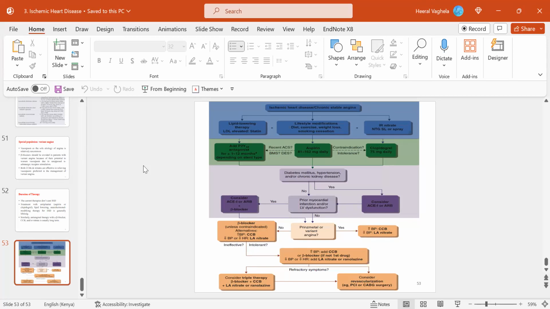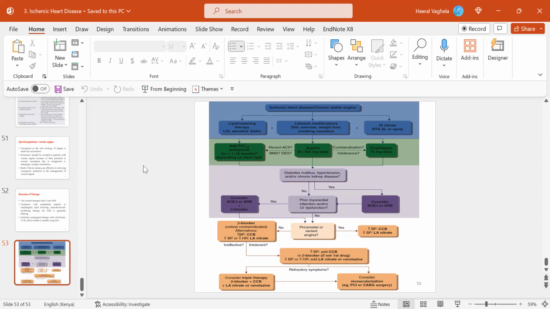So when you do that procedure of PCI, you have to give this dual antiplatelet therapy after that stent placement for at least 12 months to prevent any clot formation.